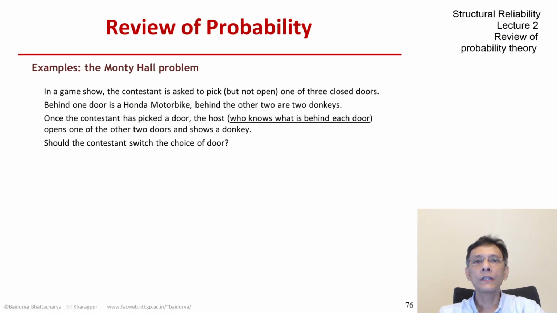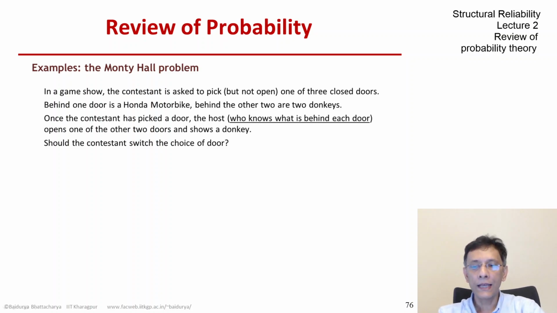So once the contestant picks a door, the host would open another one, but only the undesirable outcome, the donkey in this case, will be revealed. So the question is, should the contestant switch his or her choice? Now again, I'm sure you know this answer, many of you at least.